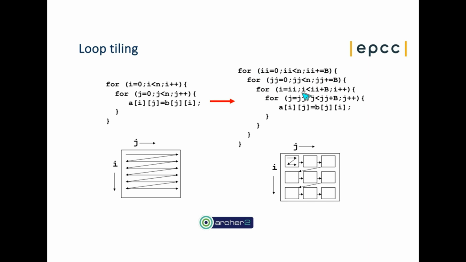Then the inner I and J loops just operate within each block. So the idea is that we can reuse the data inside this block. What gets loaded in the cache here, we get to reuse as much as possible before we move on to the next block.